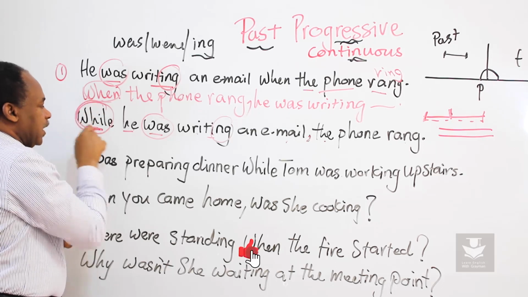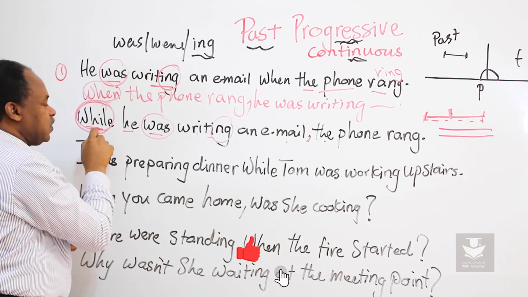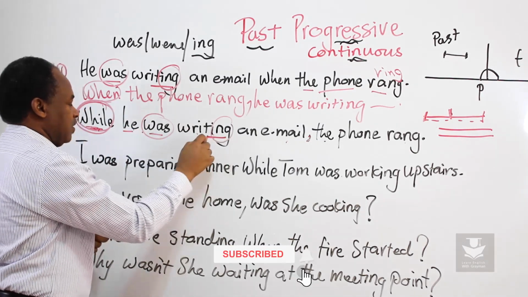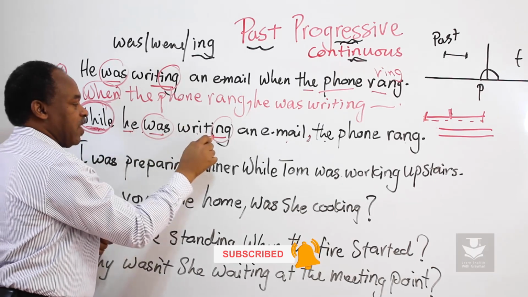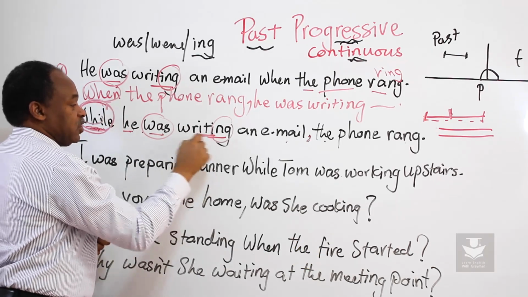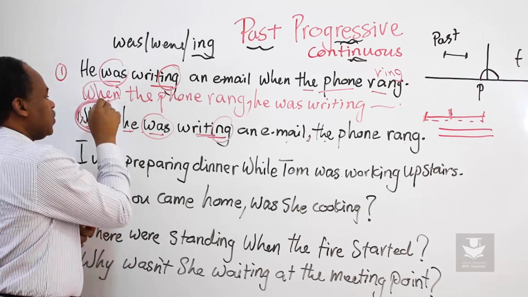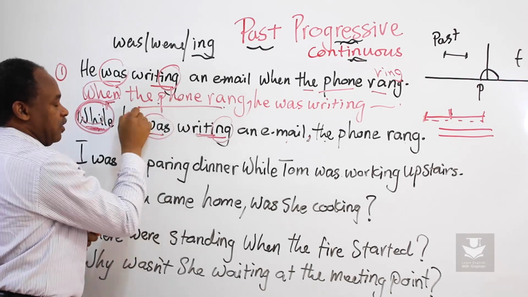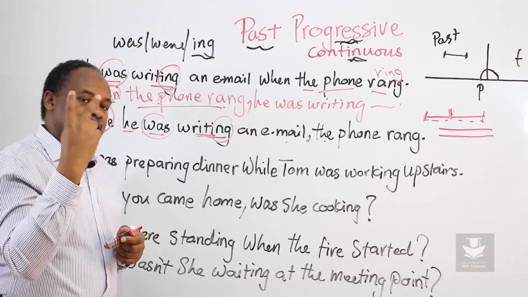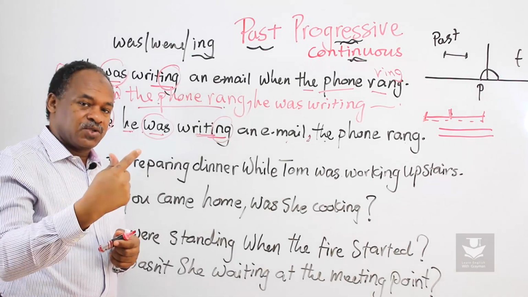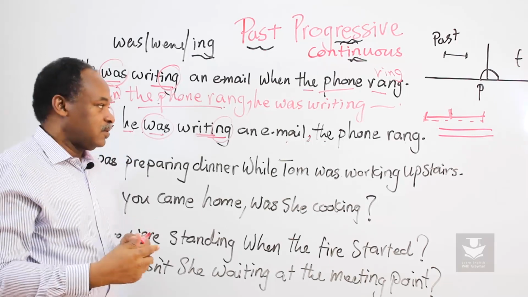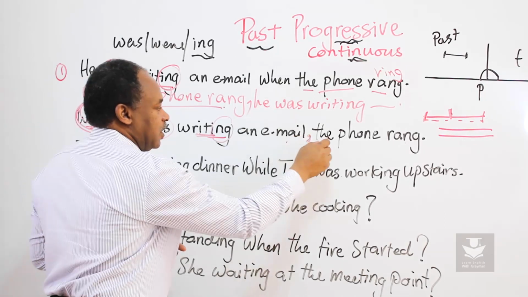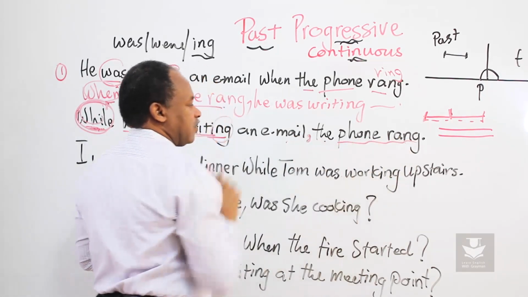If you use while, then you have to add the past continuous tense after while. So while he was writing. So while goes with the continuous. Okay, if you use when here, when the phone rang, use the past simple here. Usually we use two tenses, the past continuous and the past simple. Okay, so here, while he was writing an email, what happened? The phone rang.